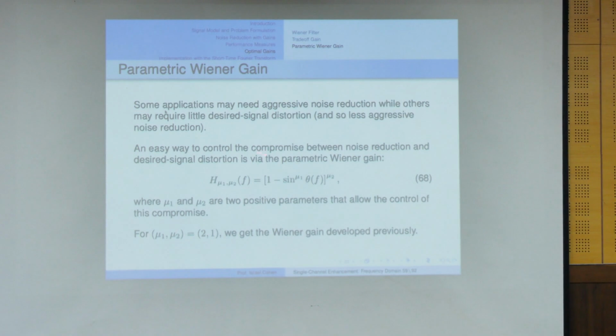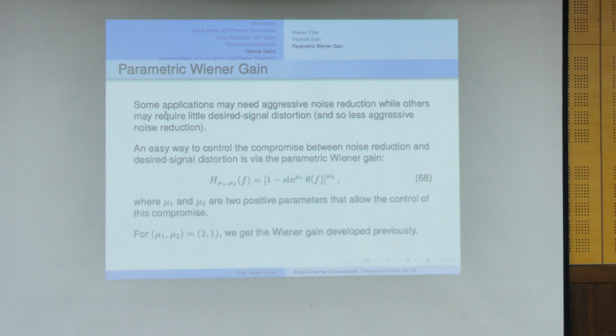So here I can define something new. I can define a gain function that looks like this, with two different parameters, mu1 and mu2. And then you can ask, okay, why should I define it like this? And theta is just what we defined here.